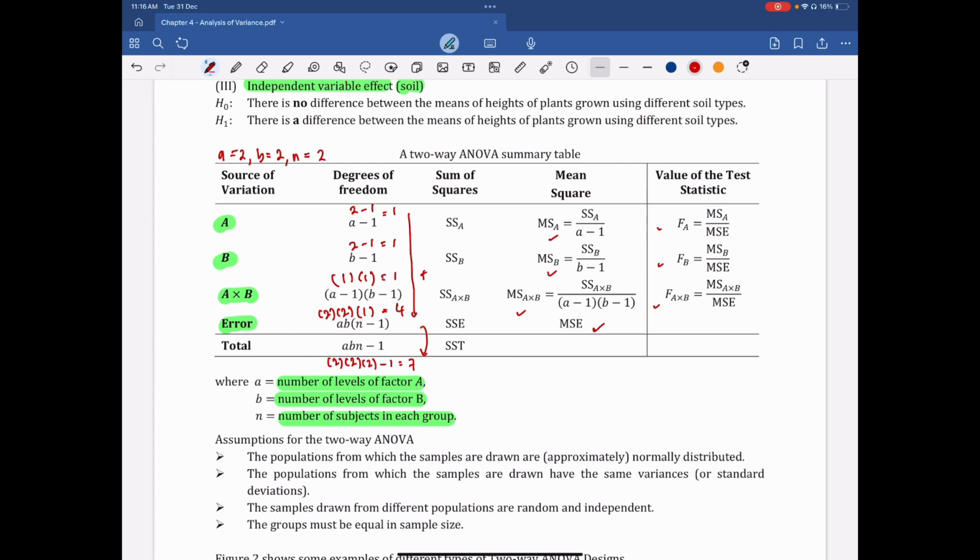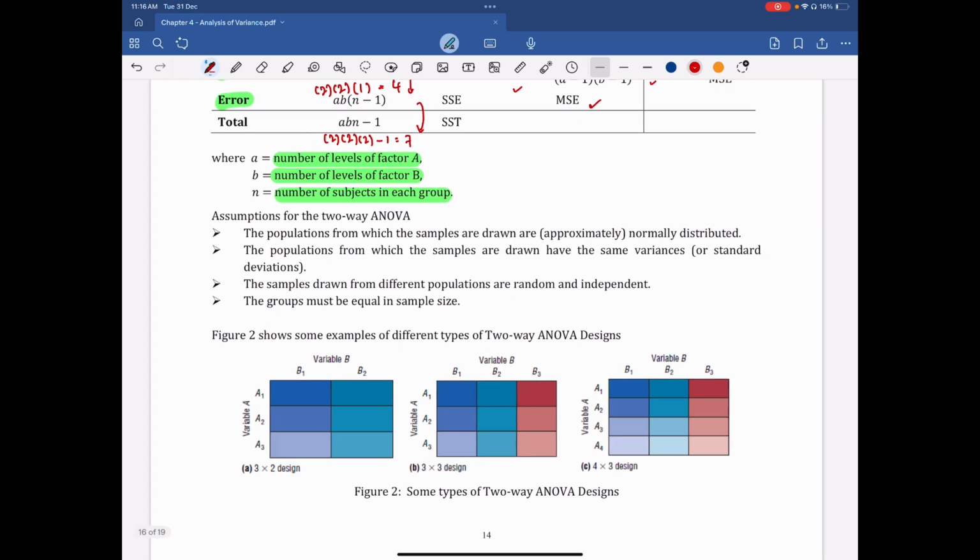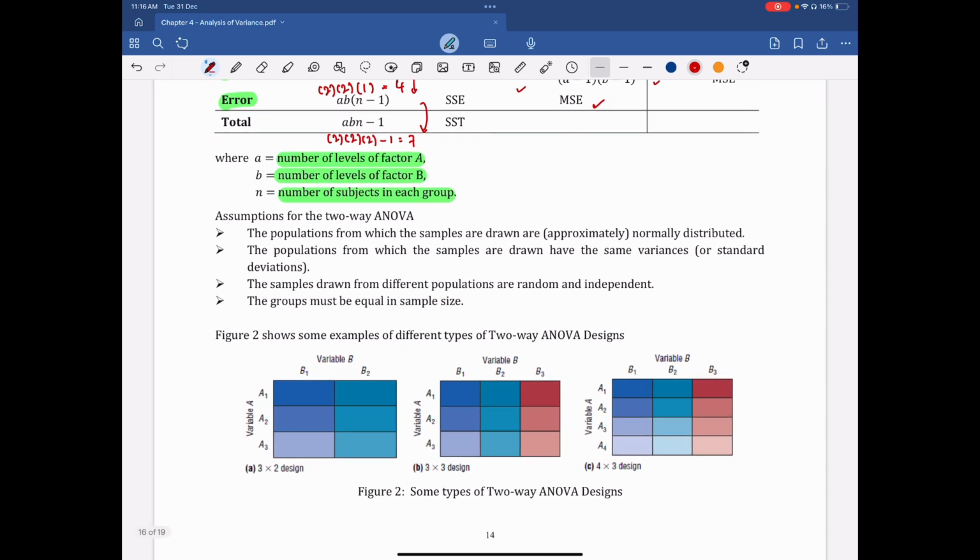When we talk about the assumptions for two-way ANOVA, this is basically it. Before we proceed to do the analysis, we have to make sure that the populations from which the samples are drawn are approximately normally distributed and have the same variances.